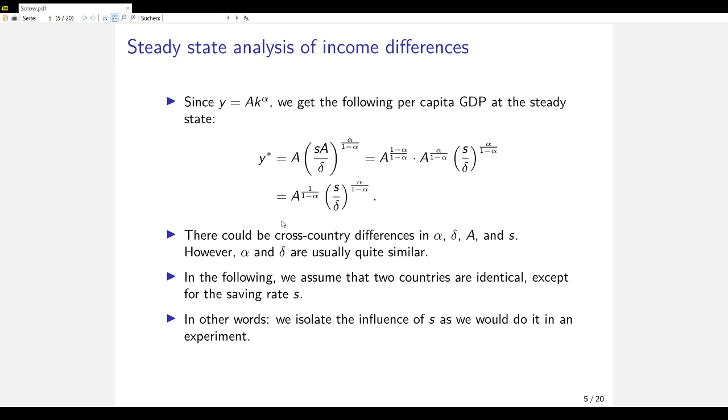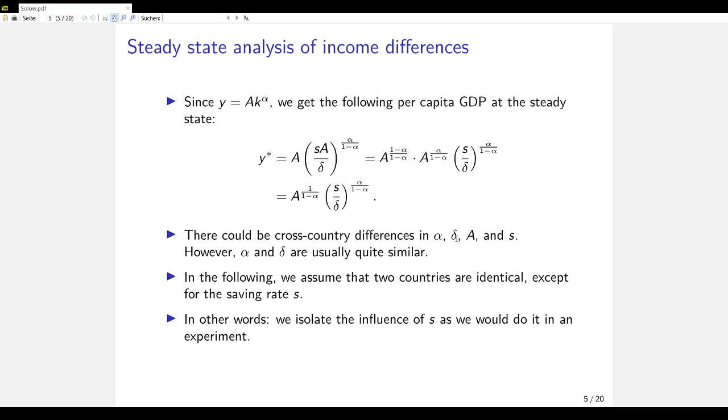Now we will look at the differences between two countries at the steady state. So we will assume that these two countries differ by the saving rates, because typically, they could differ also in the parameter alpha, delta, level of technologies, and of course the saving rate. But alpha and delta are usually rather similar across countries.